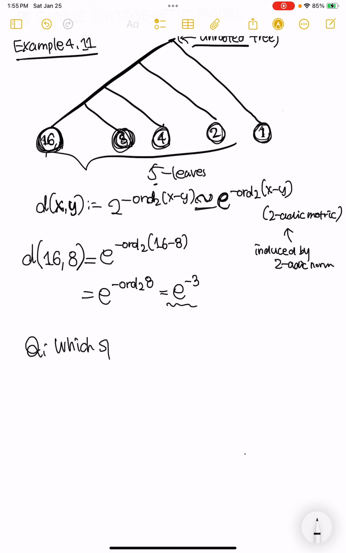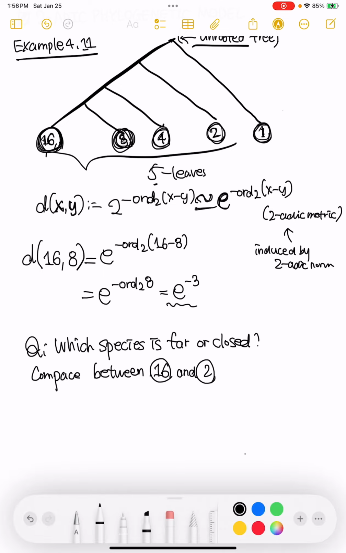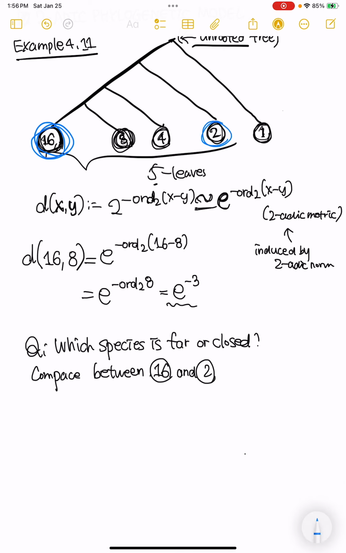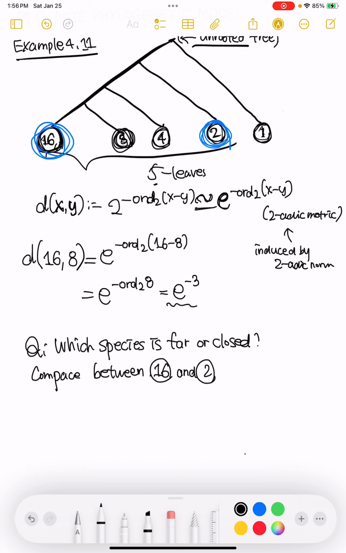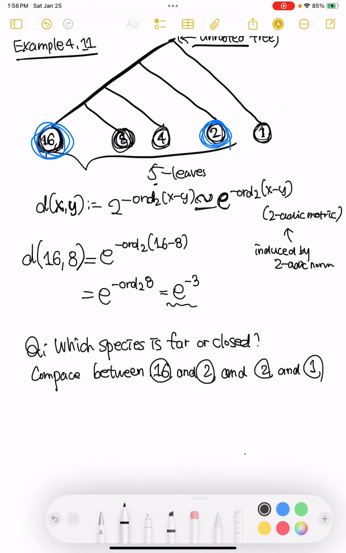Okay, then the question: which species are far or close? We can compare between 16 and 2, those two species, and 2 and 1, the red part.